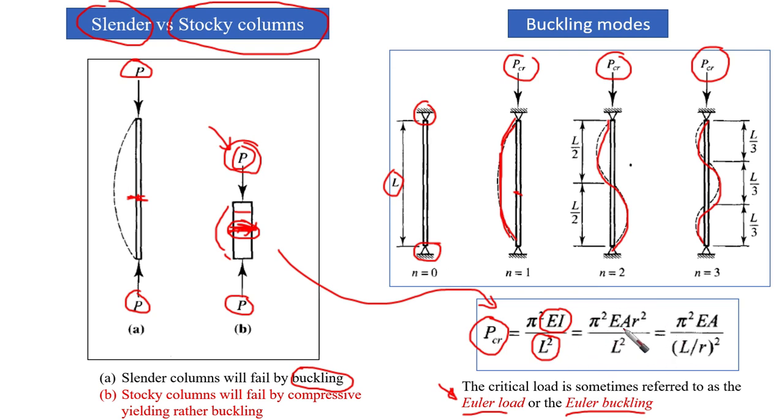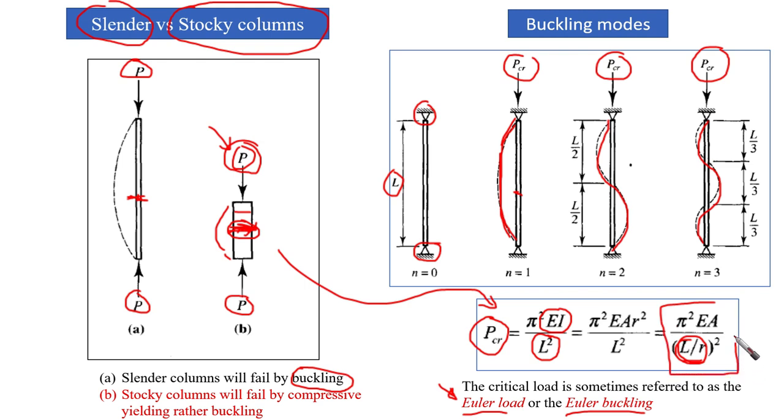As we explained in the previous slide, I has something to do with the radius of gyration: r squared times A gives us I. Then this r squared is going to be in the denominator of the denominator, and it gives L over r, a common term that is going to be used frequently.